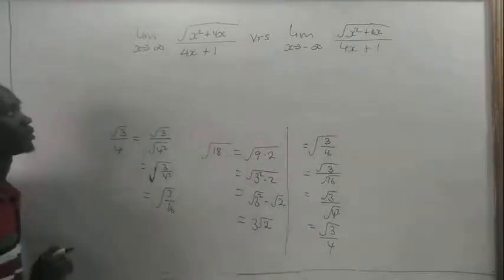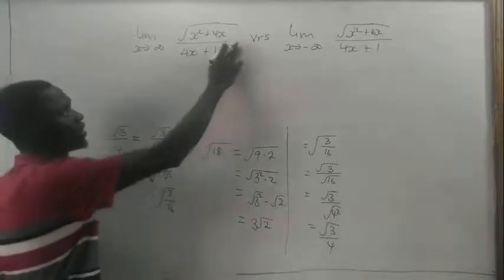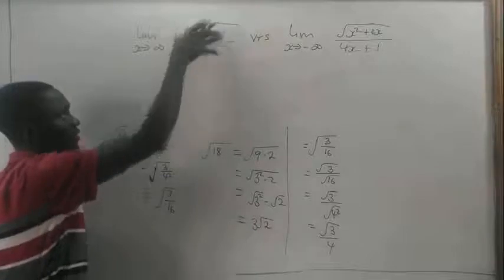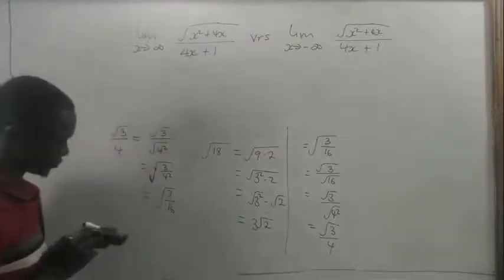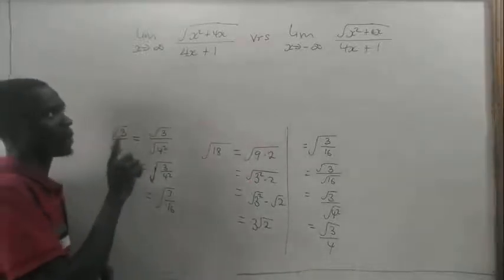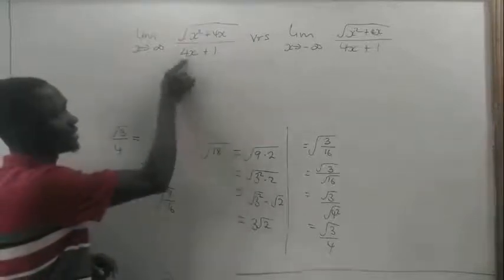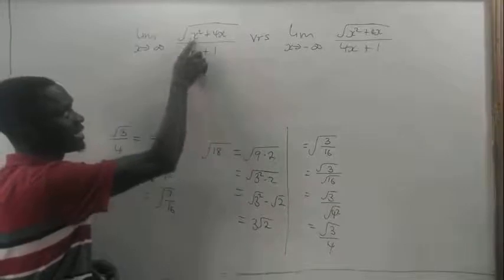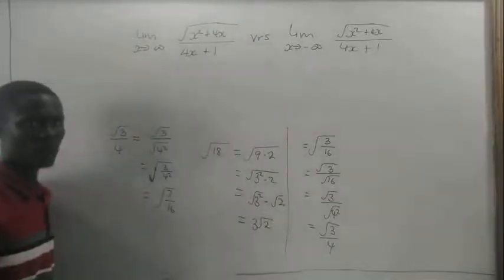Note it very well. Now, for limits involving rational functions, because this is a rational function, we have this divided by that. So what are we going to do? We are going to take the highest power of x in the denominator and divide 4x by it, 1 by it, and divide each term in the radical by that highest power of x.